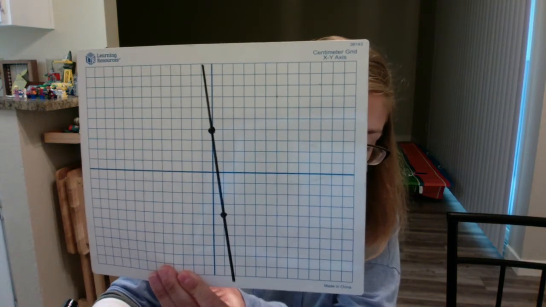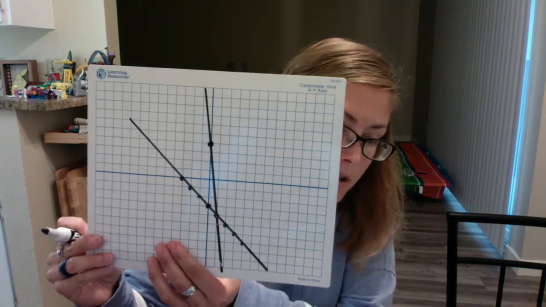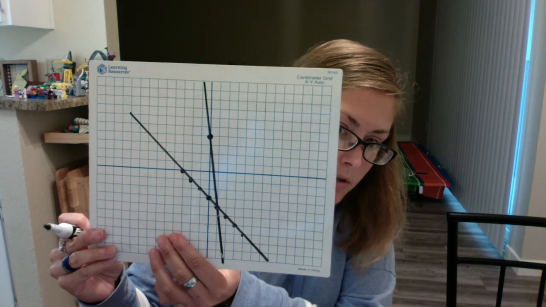Next one we have y equals negative x minus 3. Start at negative 3. Go down 1 to the right 1 multiple times. Connect those points. Our answer is where they intersect, which is at 1, negative 4.